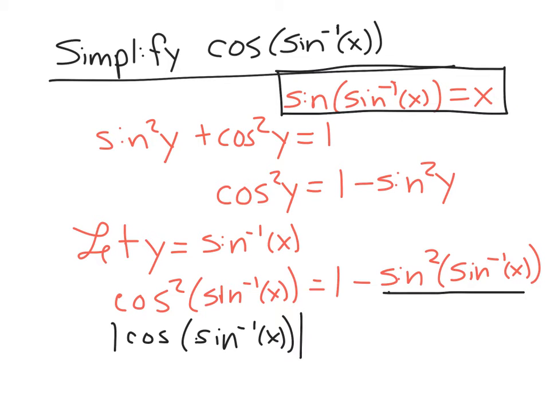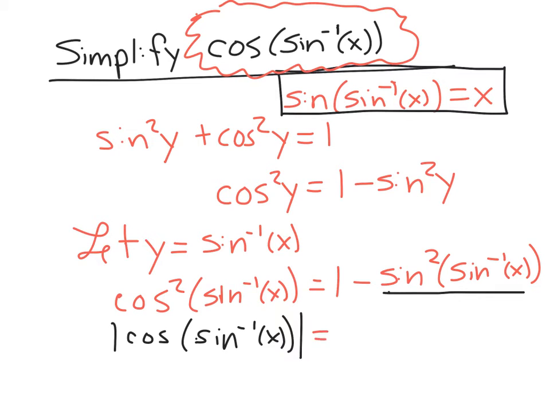And you'll notice that is the absolute value of what we're looking for in this example. So right up here, we're looking for simplifying cosine of inverse sine of x. And down at the bottom, we currently have the absolute value of cosine of inverse sine of x.